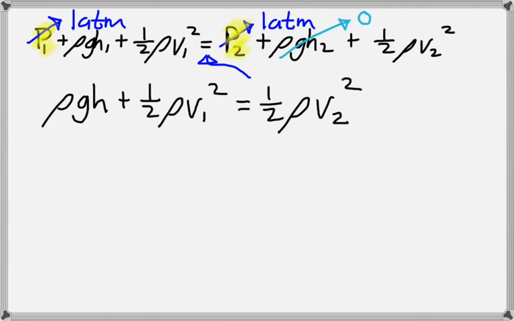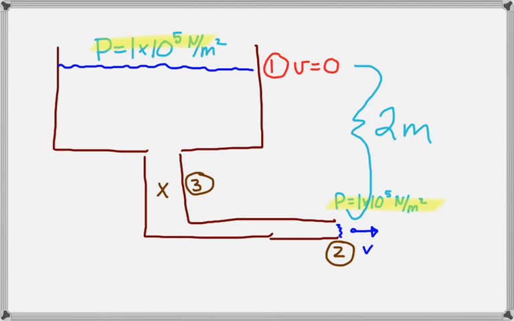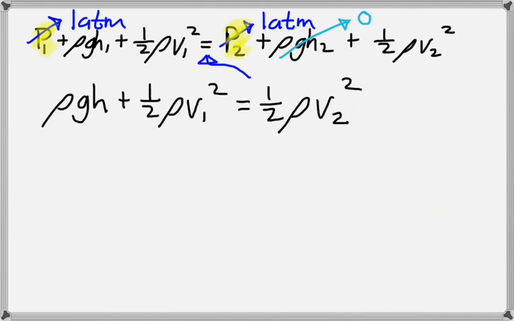Oh, I forgot. There's one other thing we can get rid of that's 0. Which velocity? Yeah, so we're going to assume, and this is a pretty safe assumption, and it's a necessary one for us, that in a tank like this, the velocity here is 0. And the reason we're going to make that assumption is because if the velocity is not 0 or something constant, then that V1 is not a number, it's something that's changing over time.